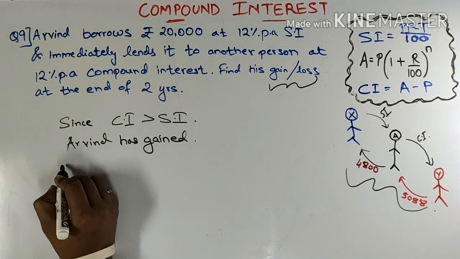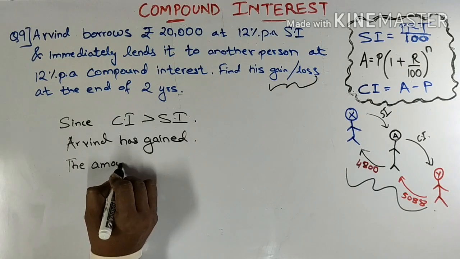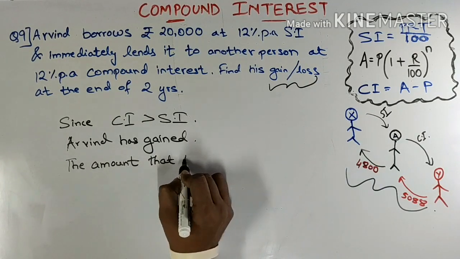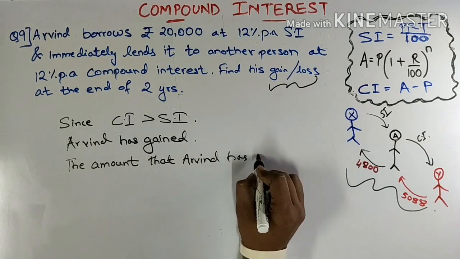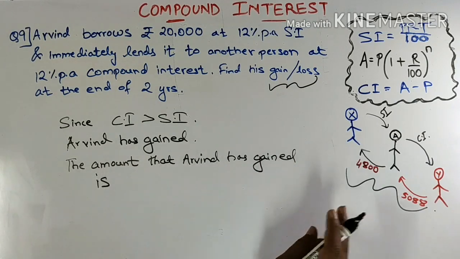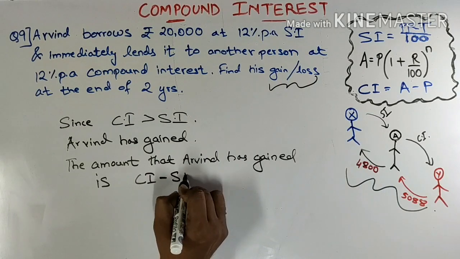The amount that Arvind has gained is nothing but compound interest minus simple interest.